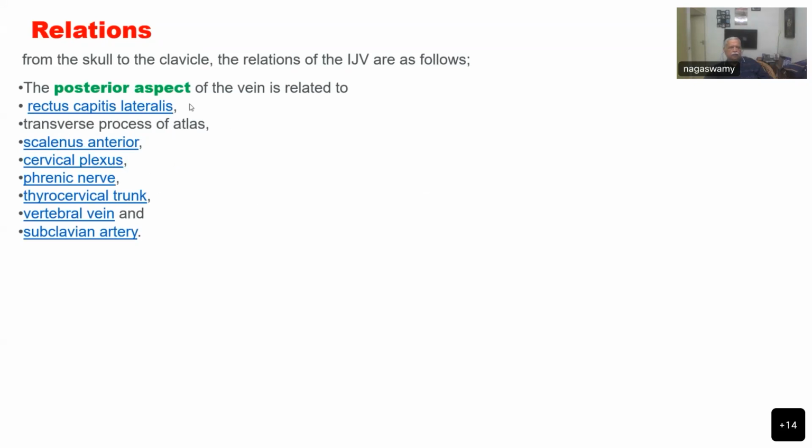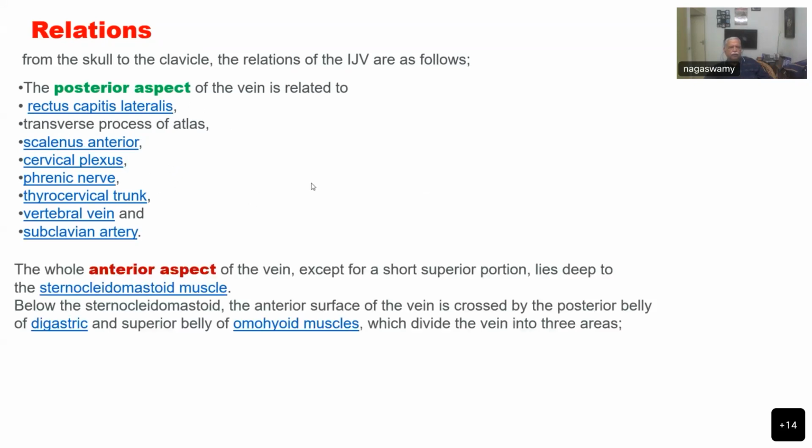From above downwards, these are all the structures to which it is related. When you see the anterior aspect of the vein, except for a short superior portion, it lies deep to the sternocleidomastoid muscle. And below the sternocleidomastoid muscle, the anterior surface of the vein is crossed by the posterior belly of digastric and superior belly of omohyoid muscles, which divide the vein into three areas.